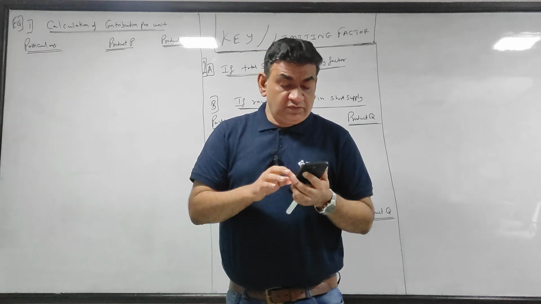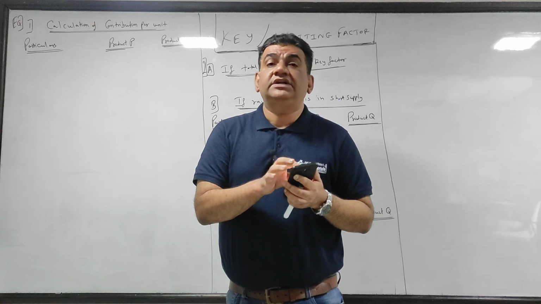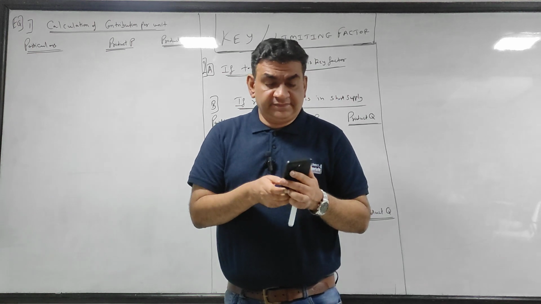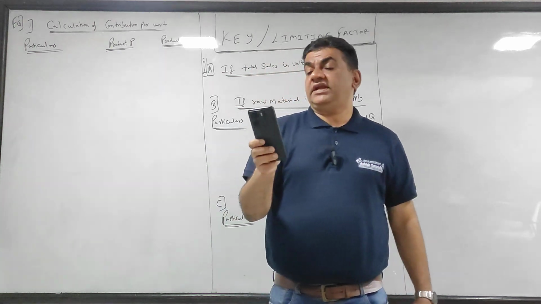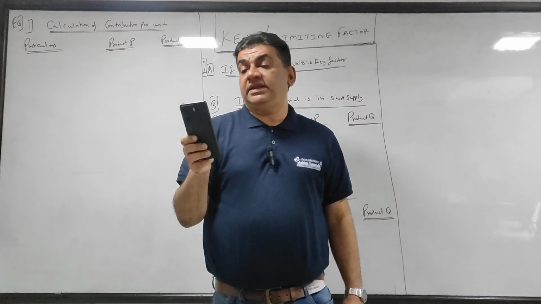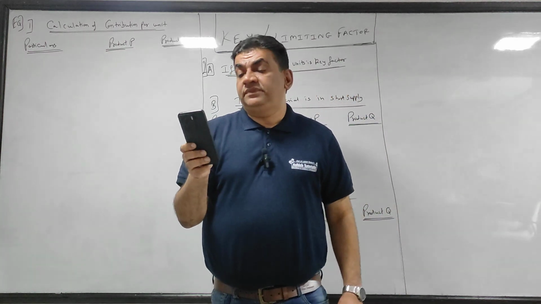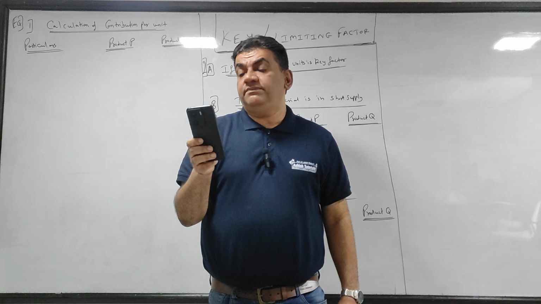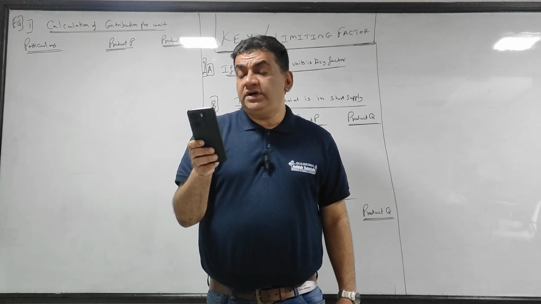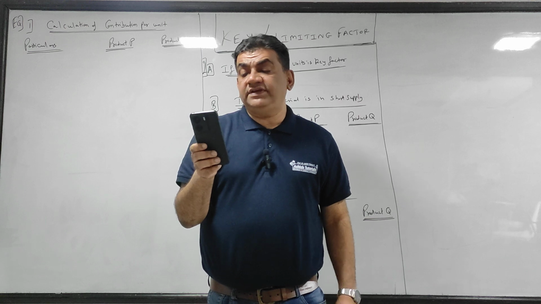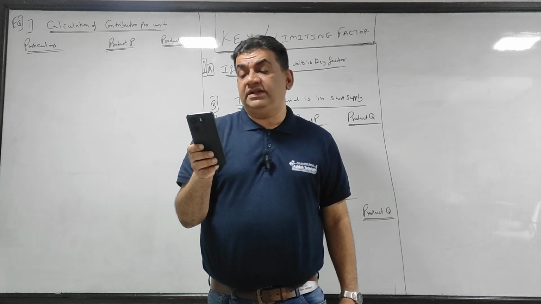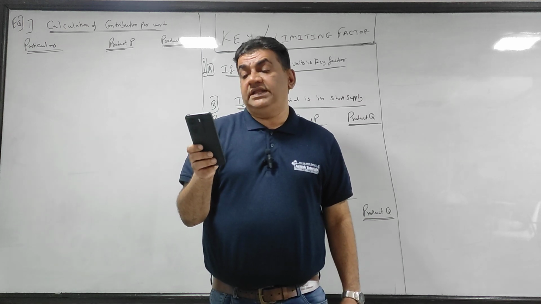Those who are watching on YouTube, the question is there in the description box. Let's see. The following data is extracted from the records of Mrs. No Gap and Company manufacturing two products P and Q. They have given you selling price per unit, P is 500, Q is 1000. Material per unit given 50 per kg, wages per unit 15 per hour, variable overhead per unit given.